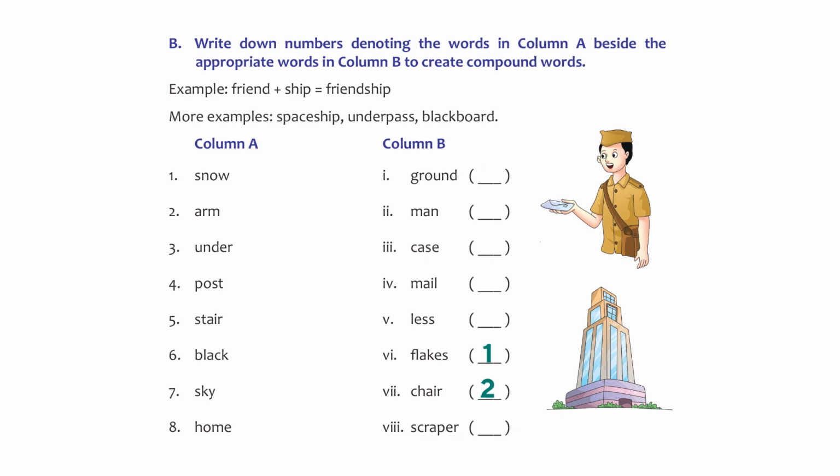Let's match under with ground to form underground. Fourth, post. Post and man, postman. Fifth, stair. Stair and case, staircase. Sixth, black and mail, blackmail. Seventh, sky and scraper, skyscraper. Eighth, home and less, homeless.